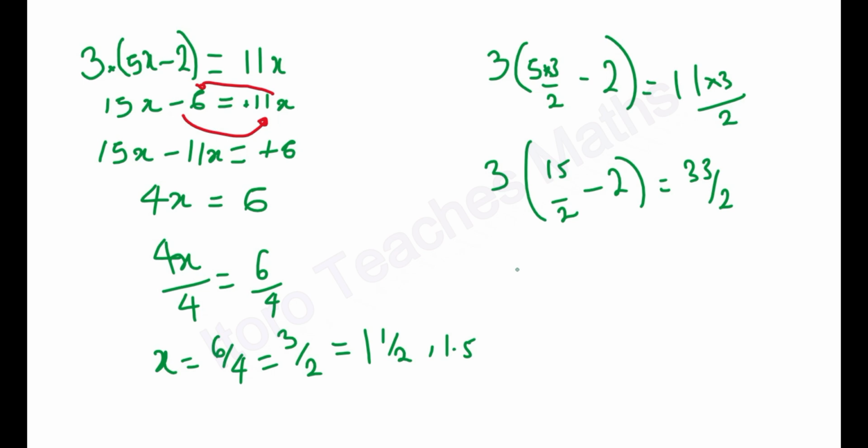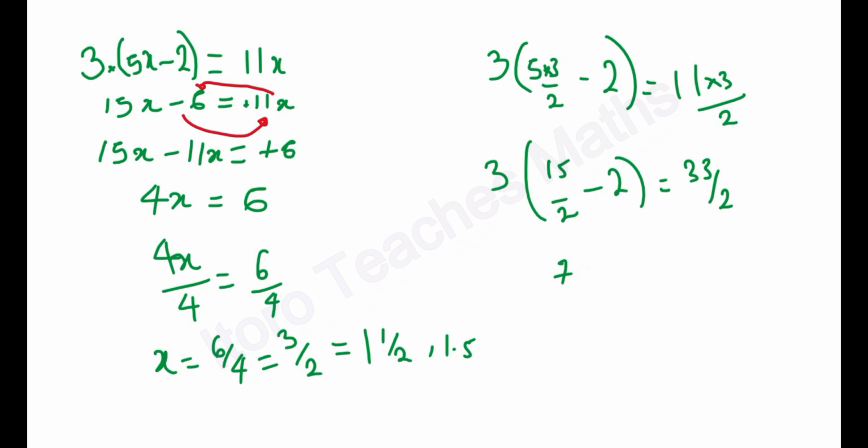So what we can do here is say 15 over 2. Well, I know it's 7.5. So I should write that a bit more explicitly.